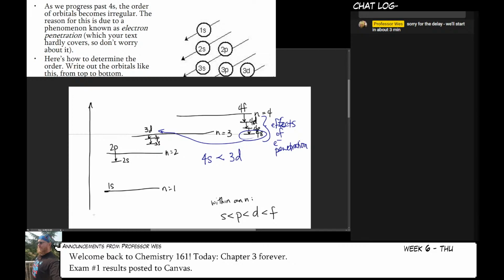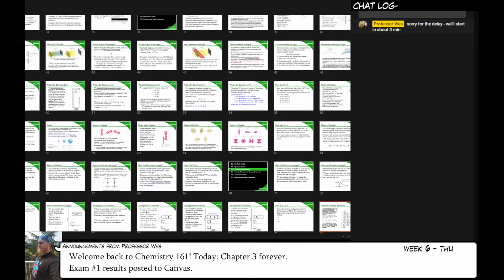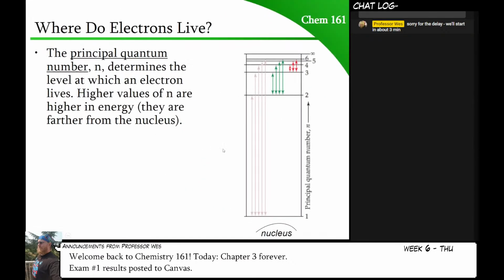Because if you remember, if I go back to this screen over here and I show you this, remember this is how we drew all the principal quantum numbers for our diagram, way back when we talked about the Bohr model, right? 1 was real low, then 2 was way up high, then they all sort of jammed together as they approached n equals infinity.